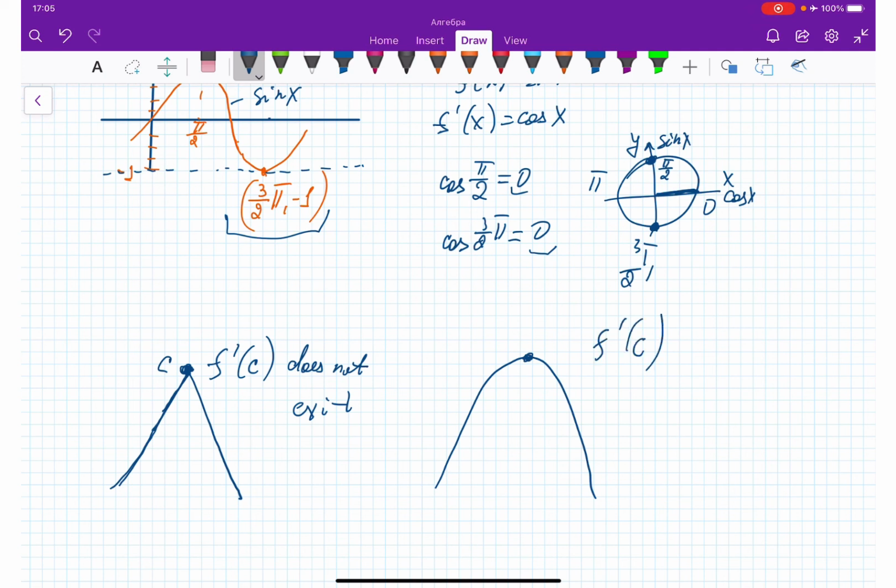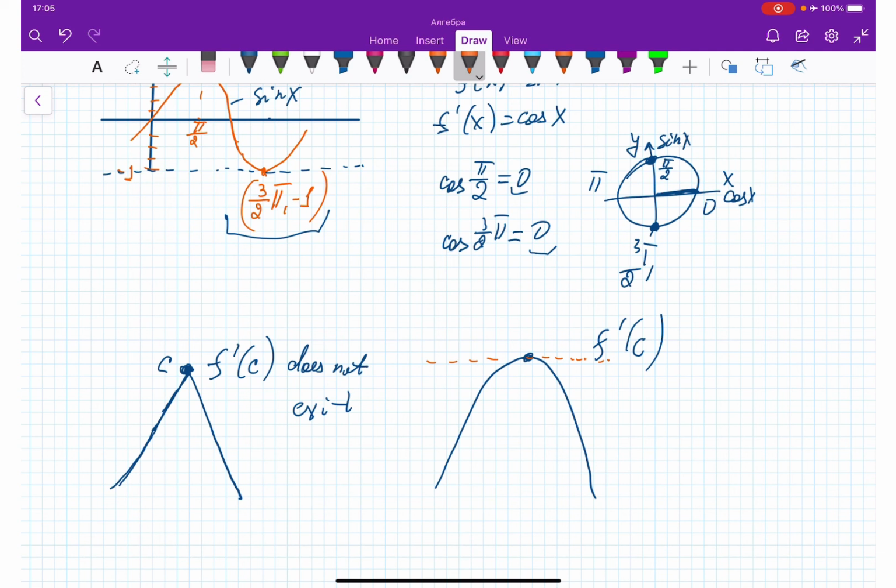Okay, and the slope, which is the rate of change at this point, is going to be 0, right? Because it's flat, a horizontal line.